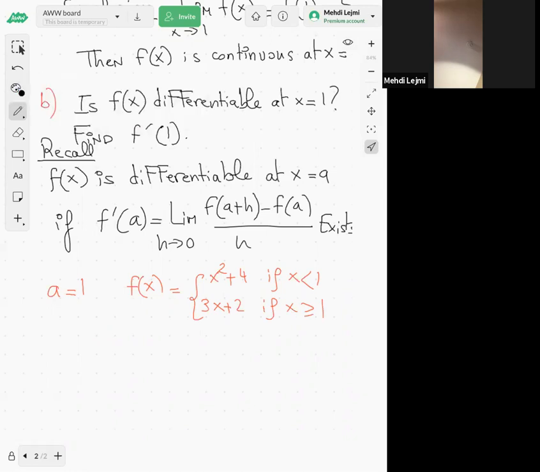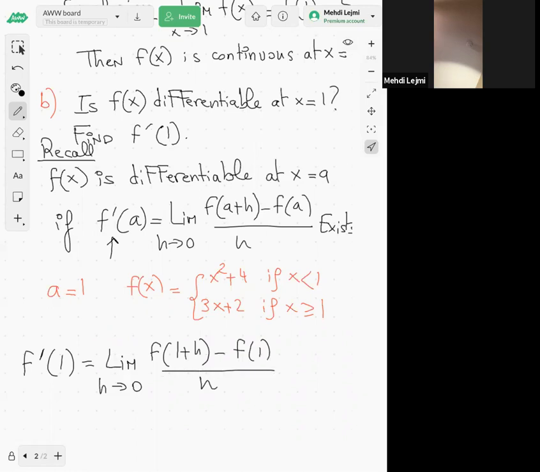All right, so we want to compute this f prime of 1, a is 1, which is equal to the limit, using the definition, h going to 0 of f of 1 plus h minus f of 1 over h.